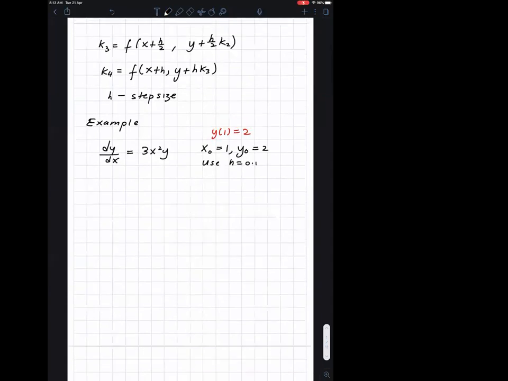Now what we're going to do, you are given an initial point, for example, a point here, (1, 2). So now if I ask you to find the value here, call this x1. This is like x naught and y naught, right?